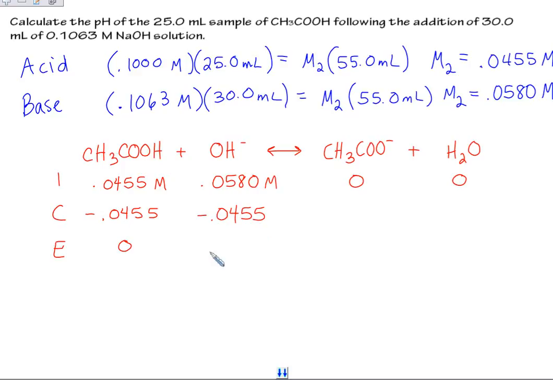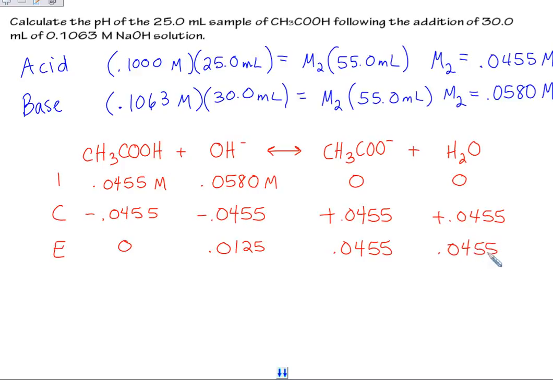So we'll be looking at about 0.0125. These guys are both going up. So at equilibrium, we're 0.0455 molar. And we will form some water, 0.0455 moles of water per liter of solution.